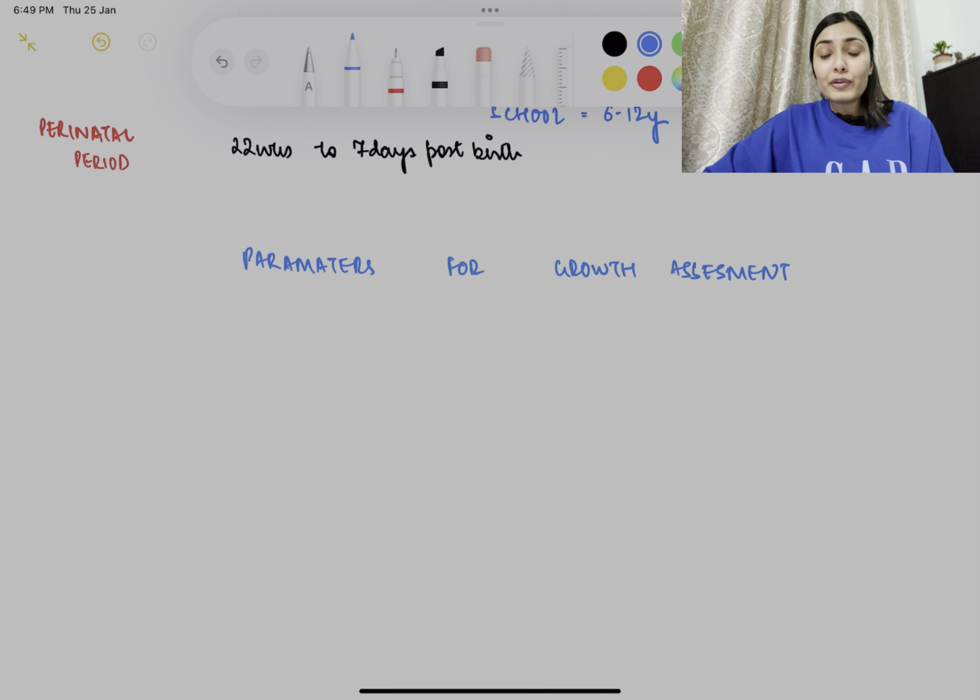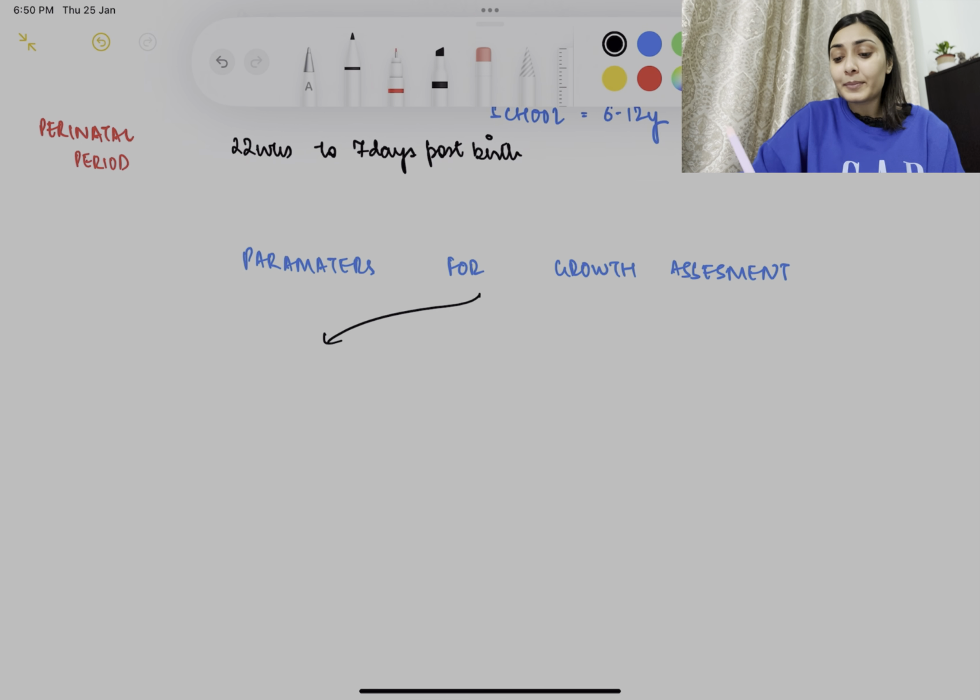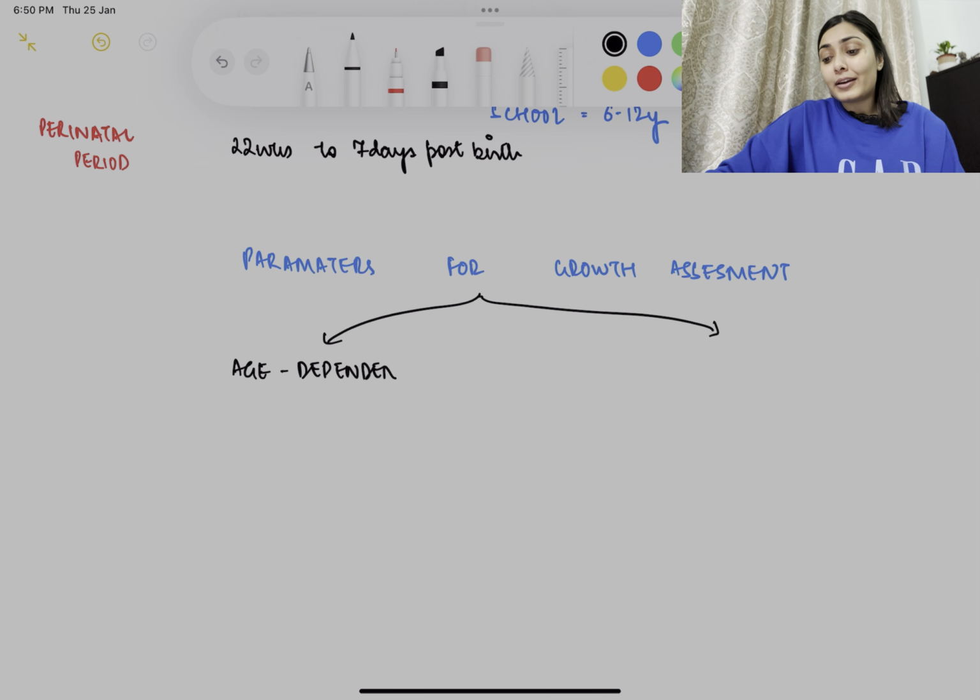Now 3 kg for a newborn is normal, right? But I know 3 kg of a 1-year-old is not normal. That means weight is something that is going to be determined by my age, right? So there are going to be some age dependent parameters and some age independent parameters.